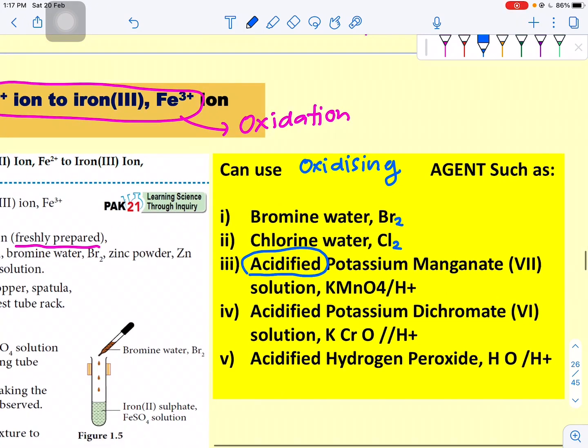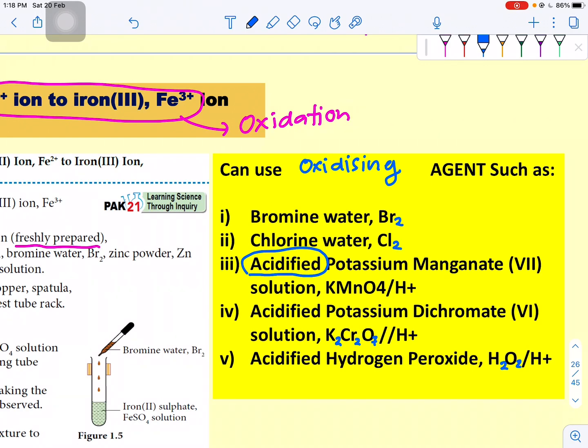The formula is K2Cr2O7/H+, and also acidified hydrogen peroxide H2O2. So we need to mix them first before kita guna dia sebagai oxidizing agent to change iron 2 to iron 3. So bila kita sebut oxidizing agent, so kesemua 5 substance ini mestilah akan berlaku reduction.